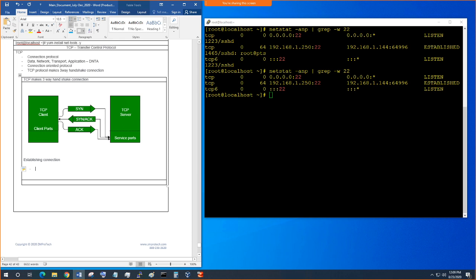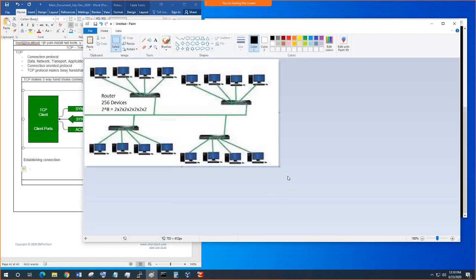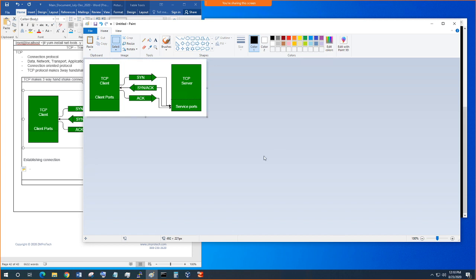It's going to send a packet that says SYN, a synchronization packet. But before that, let me make some edits here. Client. Don't worry about this at the moment.